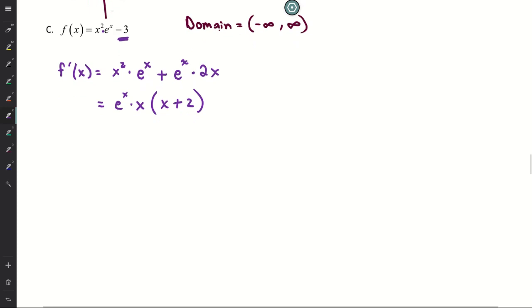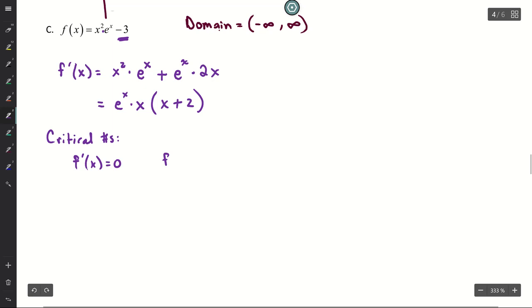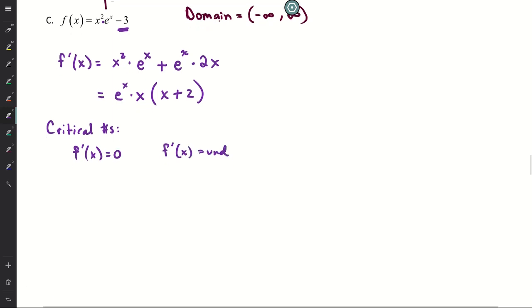All right, so now on critical numbers, we're trying to figure out where the derivative would either be 0 or where the derivative is undefined. So here, finding where the derivative is 0 would basically mean set each factor that involves an x equal to 0.